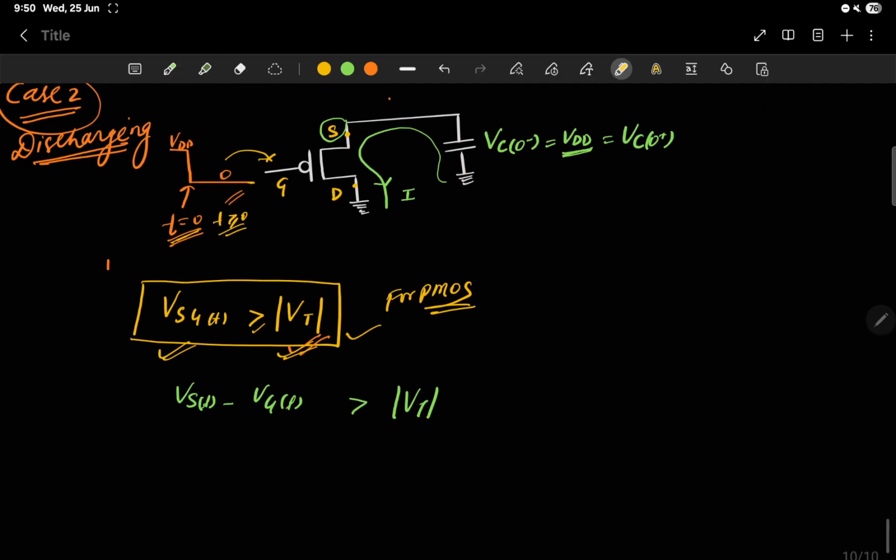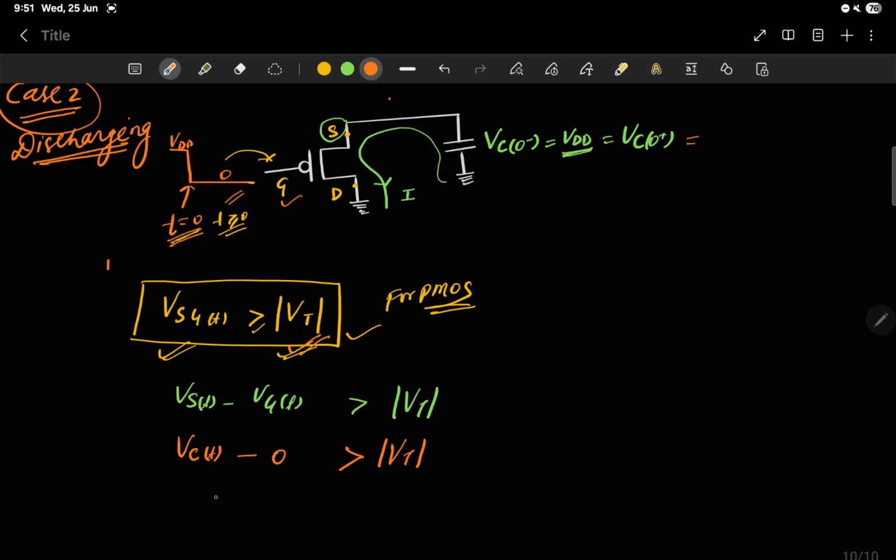So can we write that this voltage will be Vc, the capacitor voltage at time t, which will be beneficial for us. And the gate voltage will be 0, because I have applied 0 voltage for this PMOS to be on, and this should be greater than mod of Vt.